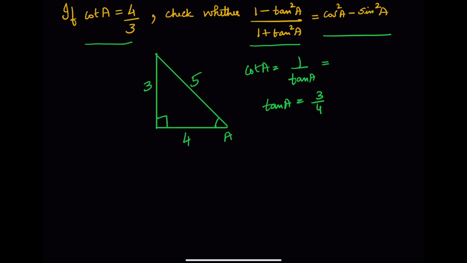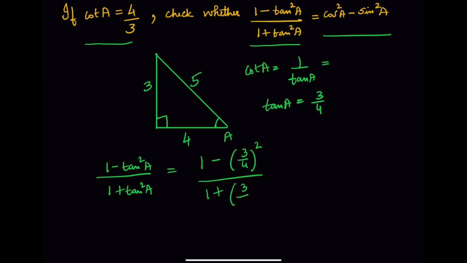Now let's apply it in the equation. Let's find the value of 1 minus tan square A by 1 plus tan square A. Applying the value, we get 1 minus 3 by 4 the whole square divided by 1 plus 3 by 4 the whole square.